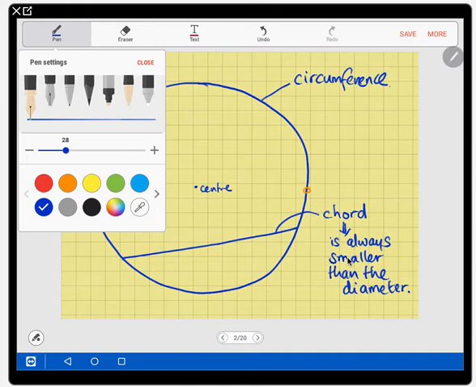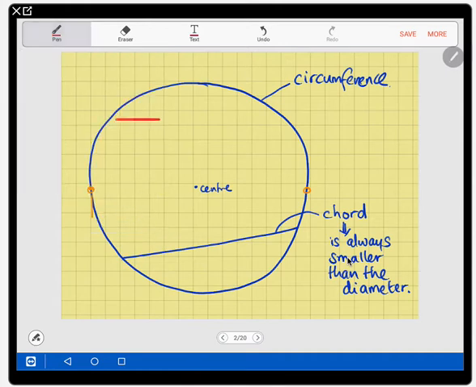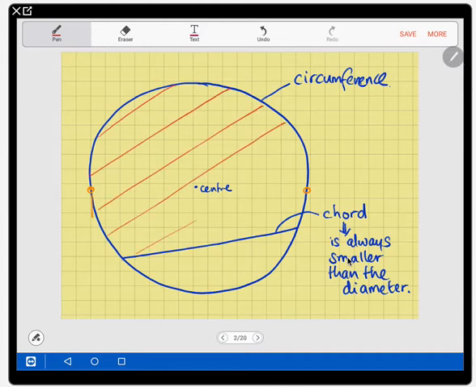Now, this large area that you see here. See, this side is very large, right? This large part, that's called a major segment. Okay, it's large, as you can see from the drawing.